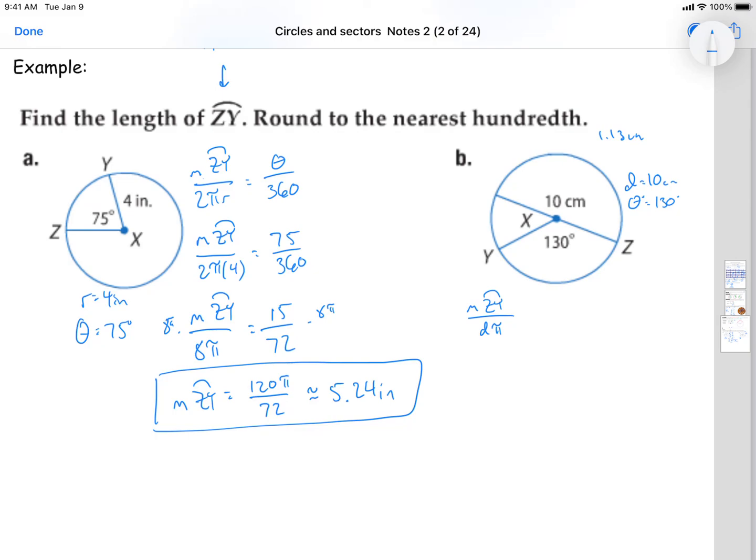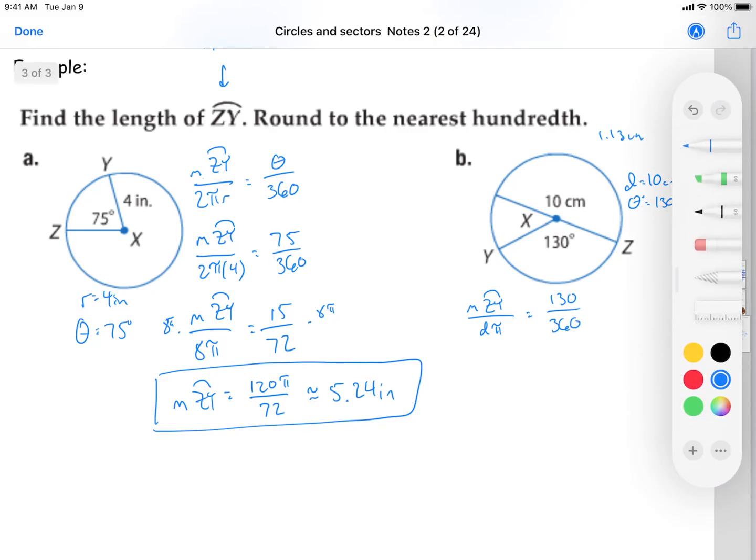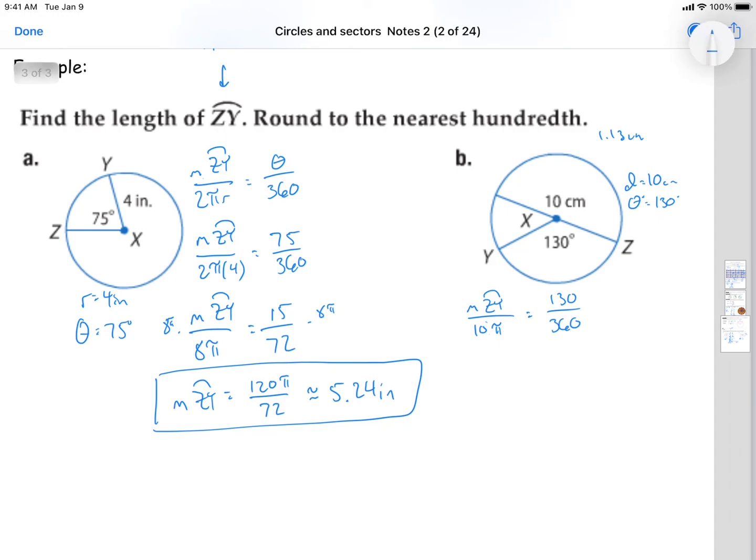or we can think of it as diameter times pi. In this case, since we're given the diameter, we can just use that, which is equal to 130 over 360 degrees. Since our diameter is 10, we can plug in that information. If we simplify the right-hand side, we get measure of arc ZY over 10 pi is equal to 13 over 36.